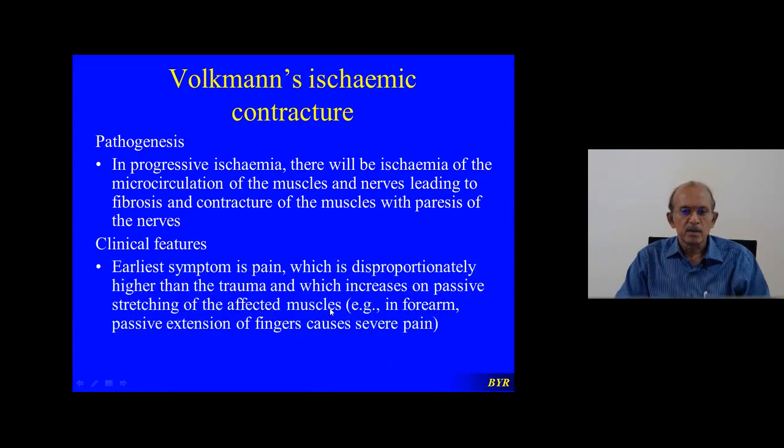Clinical features: earliest symptom is pain, which is disproportionately higher than the trauma and which increases on passive stretching of the affected muscles. For example, if this compartment is showing compartment syndrome, why?